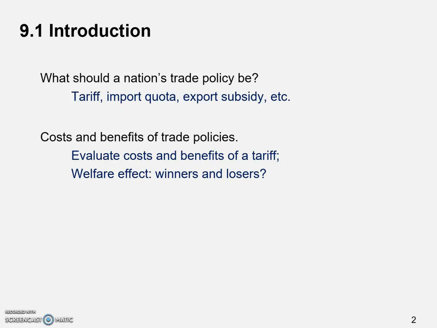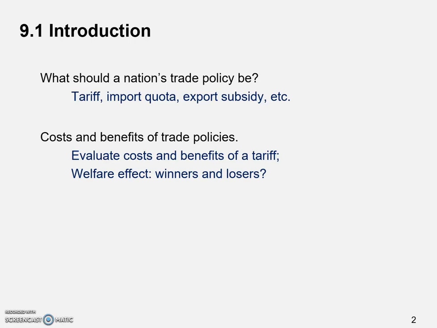We talked about the import quota before, remember? We discussed it on the supply and demand graph, where it's supposed to be a vertical line. And for export subsidies, we briefly discussed it before, especially a specific case, which is agricultural subsidy in the U.S.